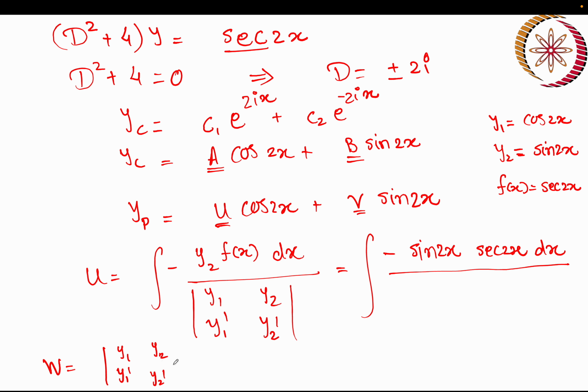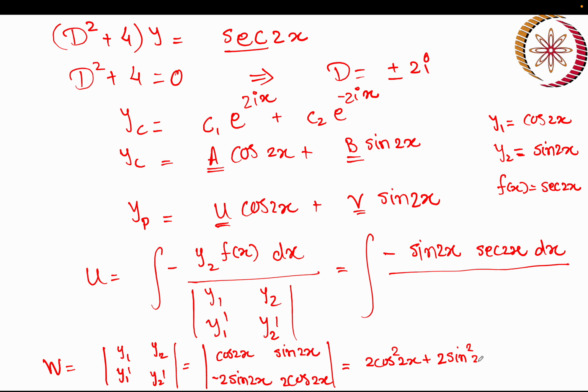So y1 is cos 2x, y2 is sin 2x, y1 prime is minus 2 sin 2x, and y2 prime is 2 cos 2x. If we find the determinant, it will be 2 cos square 2x plus 2 sin square 2x, which will be 2. Okay, so that is good.